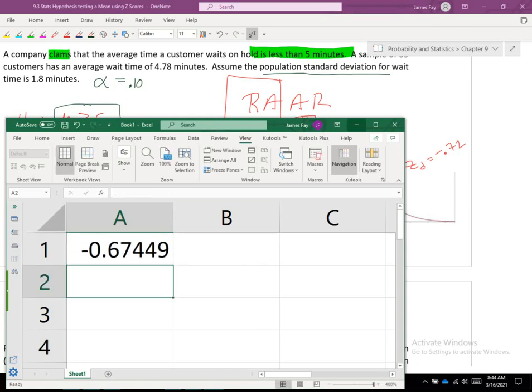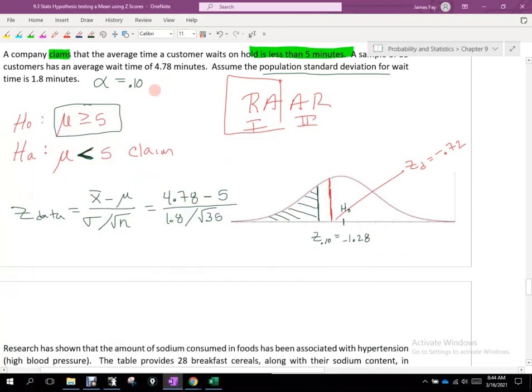Okay, so if I say, and I don't think anybody would do this, if alpha was 25%. So I want to be 75% confident with my study, with my ability to reject or not reject. If I use 0.25, that means that this critical region is going to move over here to like negative 0.6 or something like that.